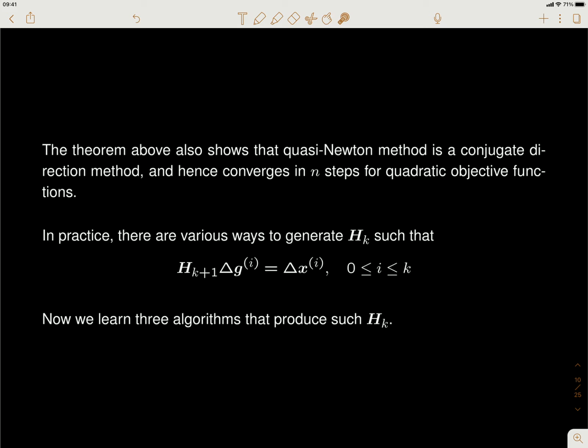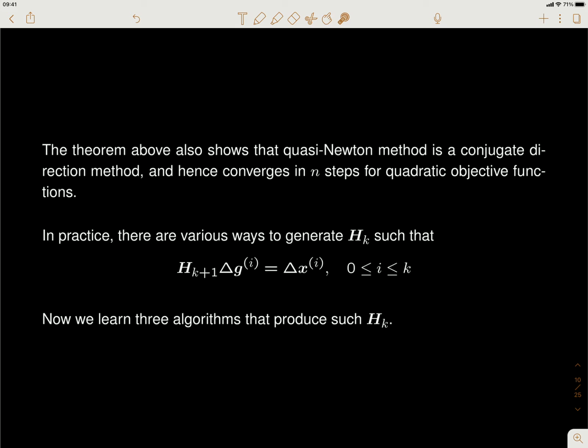But it is still a conjugate direction method. That means the directions are actually Q conjugate. And in this sense, the algorithm should converge after n steps for quadratic functions, because this is another way to verify that the Quasi-Newton method can give us convergence within a finite number of steps.